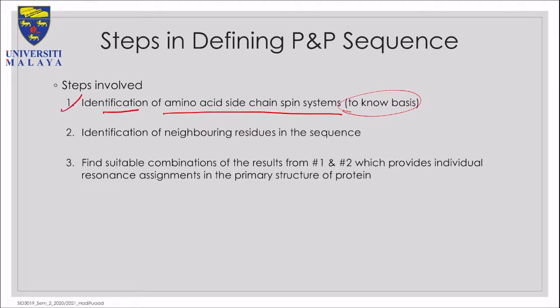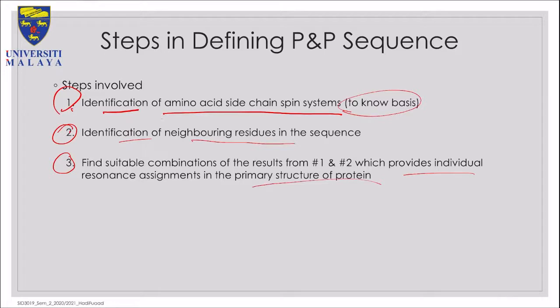Once you have identified the amino acid, what you do next is you identify the neighboring residues of the protein sequence or peptide sequence. And then number 3, you find a suitable combination of the results from 1 and 2, which provides individual resonance assignment to the primary structure of the protein.